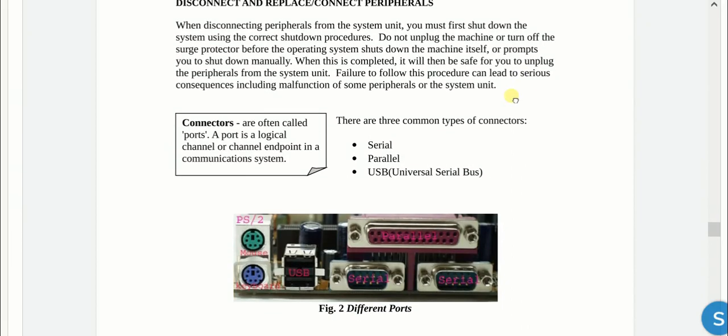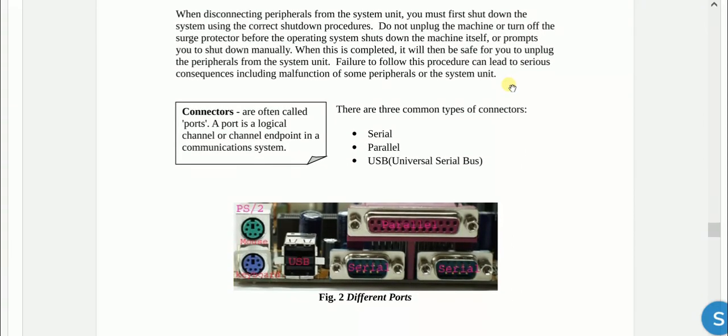And here's an example of some as well. We say connectors are often called ports, and these here are various types of ports. A port is a logical channel or channel endpoint in a communication system.